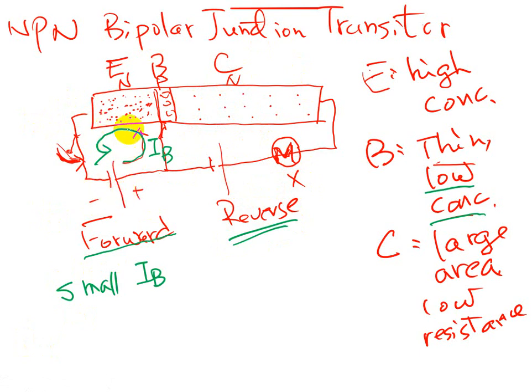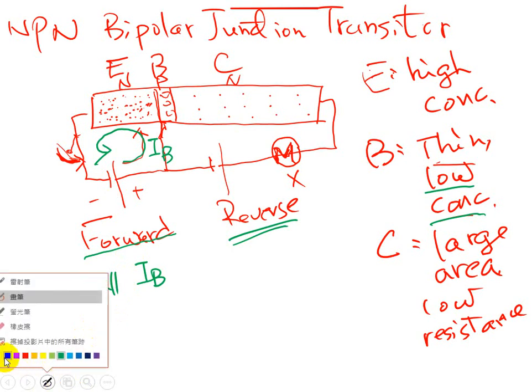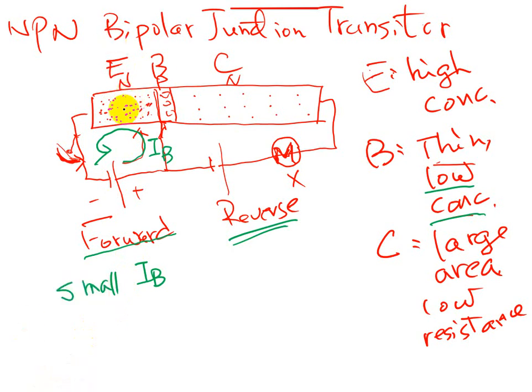When the forward bias part at the left-hand side, when the electrons move from the N-type area to the P-type area, there is a large concentration.